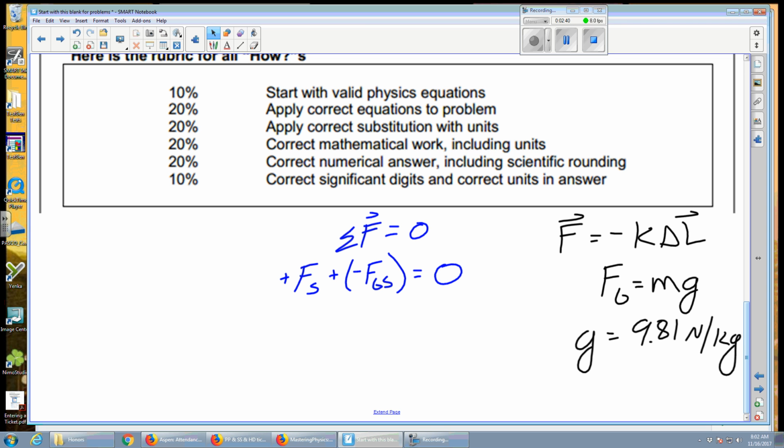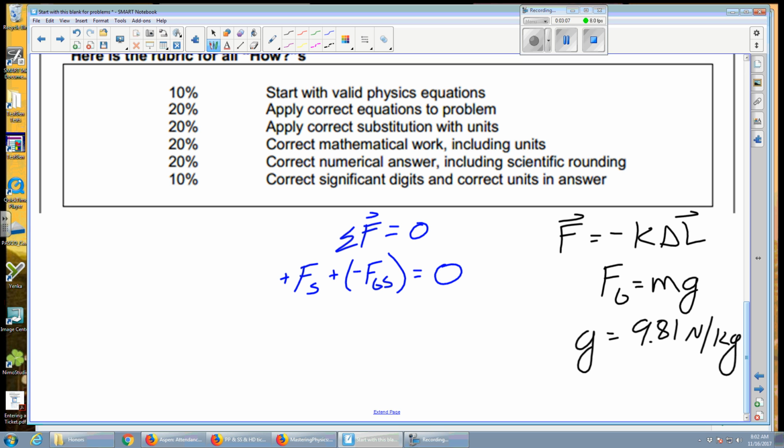And I keep in mind that the negative here in my Hooke's law has to do with the fact that the change in length, the delta L, is in the opposite direction as the force. So it doesn't affect the magnitude, it's just the directionality, which I've already taken into account over here.